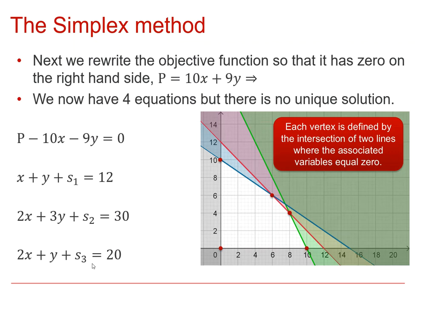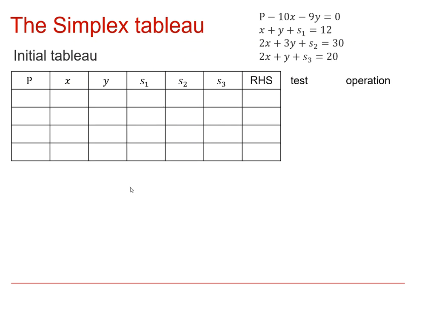S3 won't be, because we're not on the line associated with the green line if we're at this vertex. So we'll refer back to this idea of some of the slack variables equaling 0 when we look at the Tableau and we're interpreting the Tableau at a particular stage in the process.